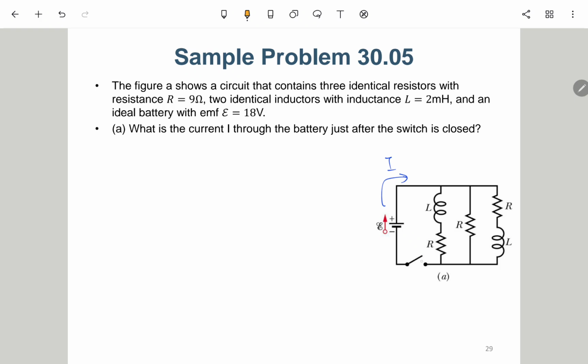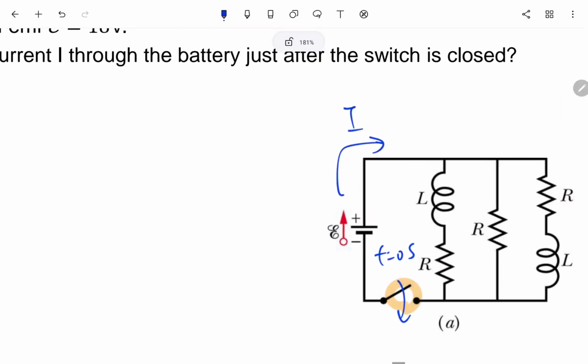Okay, I through the battery just after the switch is closed. Currently the switch is open. Let's say at t equals 0 seconds the switch is closed. Just after the switch is closed, what will be the current I? Before that, we need to know what the current going through the whole circuit is originally.